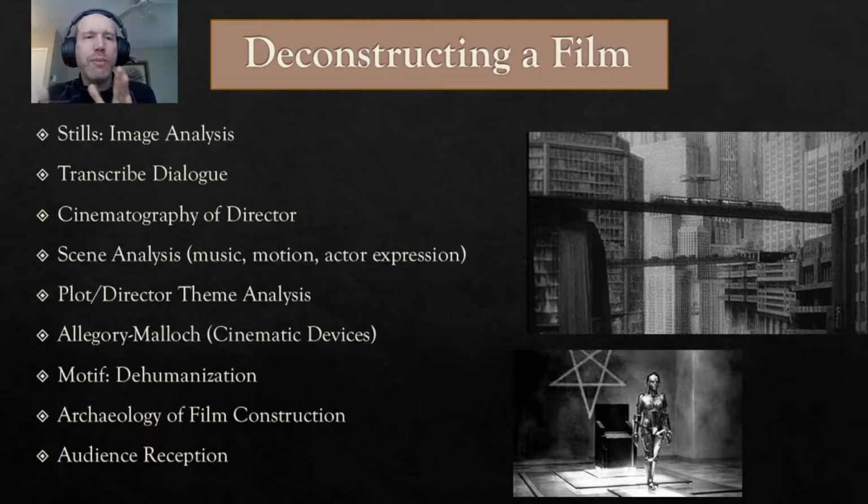So you have maybe a 5-minute clip, and you'd analyze the music, the motion of the characters, the expression of the actors' faces, all of that to essentially describe that scene, and then how that scene would have been interpreted by the audience, or what the director was trying to portray about communism in that particular scene.